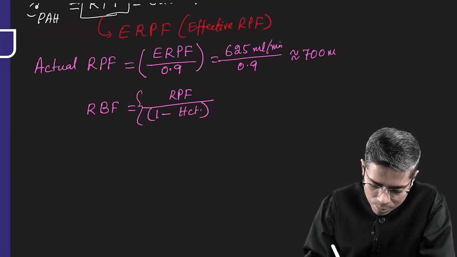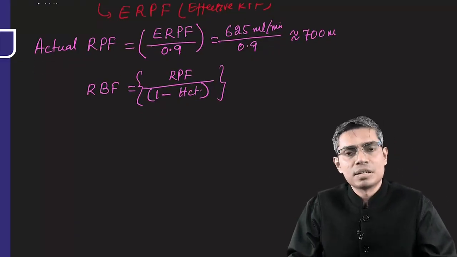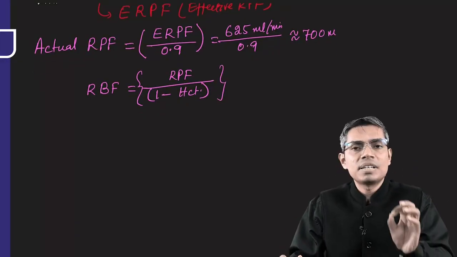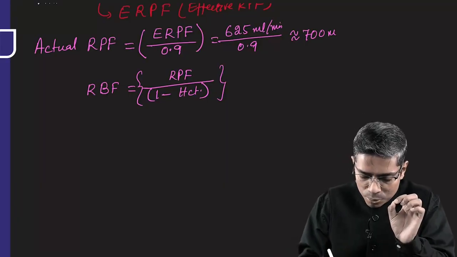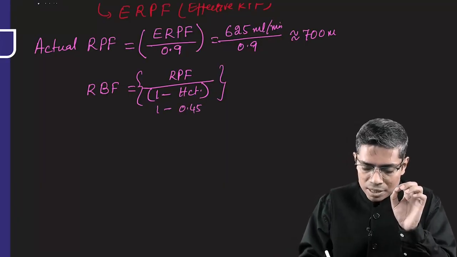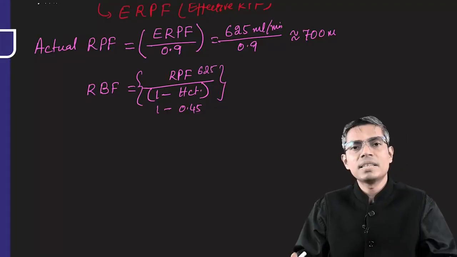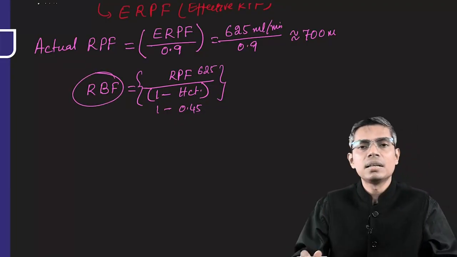So if your hematocrit is 45%, you put 0.45: renal plasma flow divided by 1 minus 0.45. Suppose the value given is 625. If you divide this, you are going to get the renal blood flow.